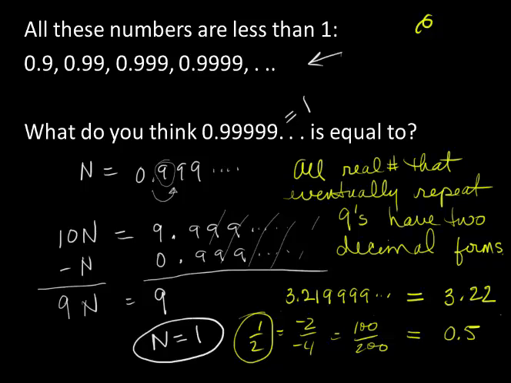But we could also say 0.4999 repeating forever. Terminating decimals can be written with repeating nines, but we don't ever do it. I just want you to see that the decimal representation of a number that repeats nines is not unique.